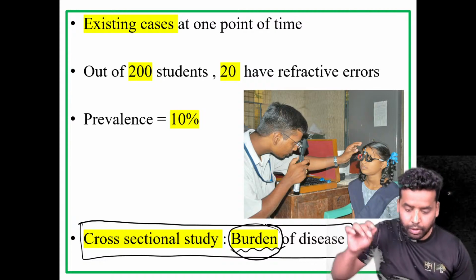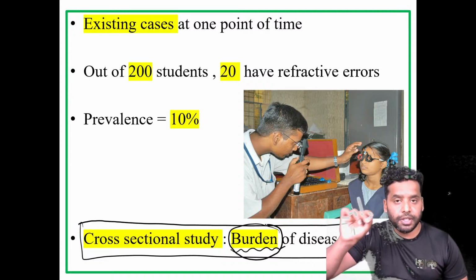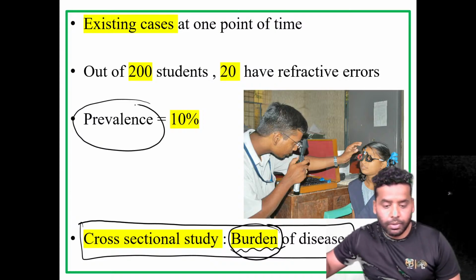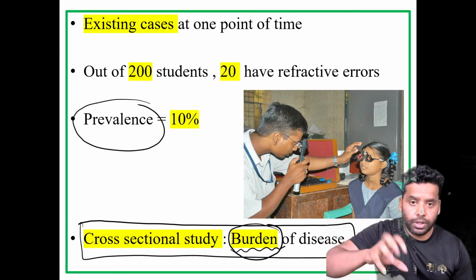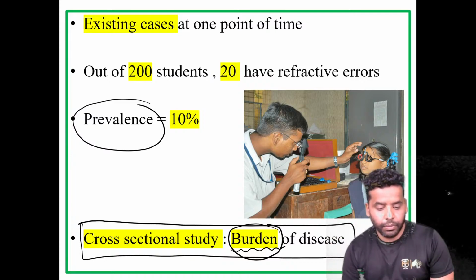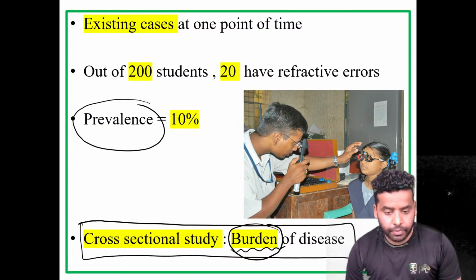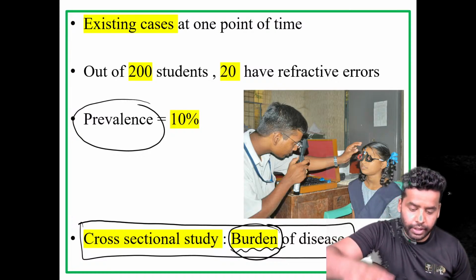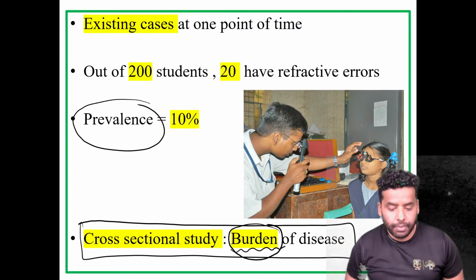What is the morbidity indicator used to express burden of a disease? See the words properly. What is your answer? Prevalence.